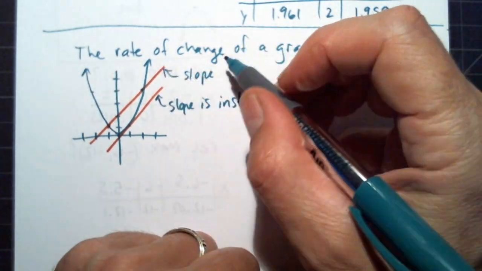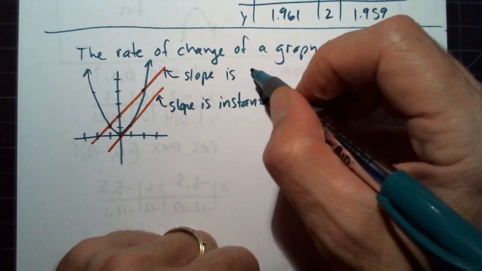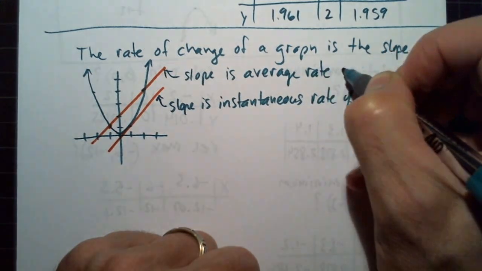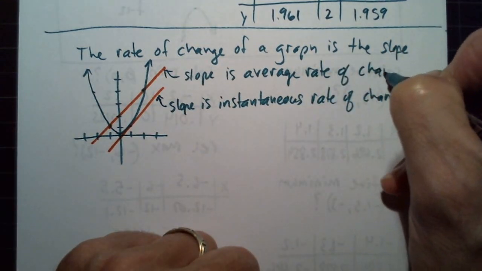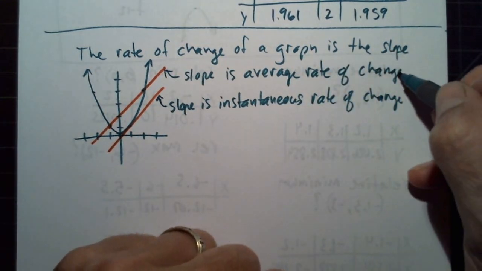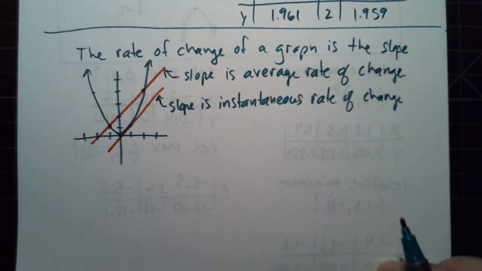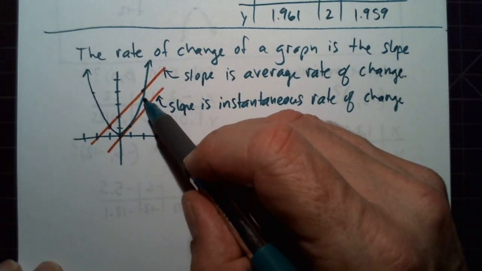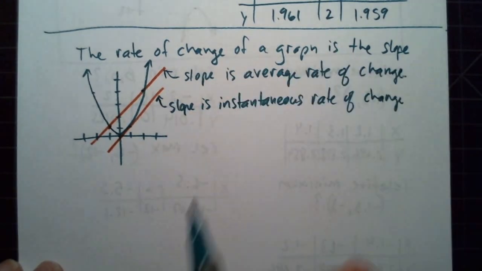The slope of that red line is, and that's all we're going to do, is find the slope of that line. It's called a secant line. This is called a tangent line, and that's called a secant line.